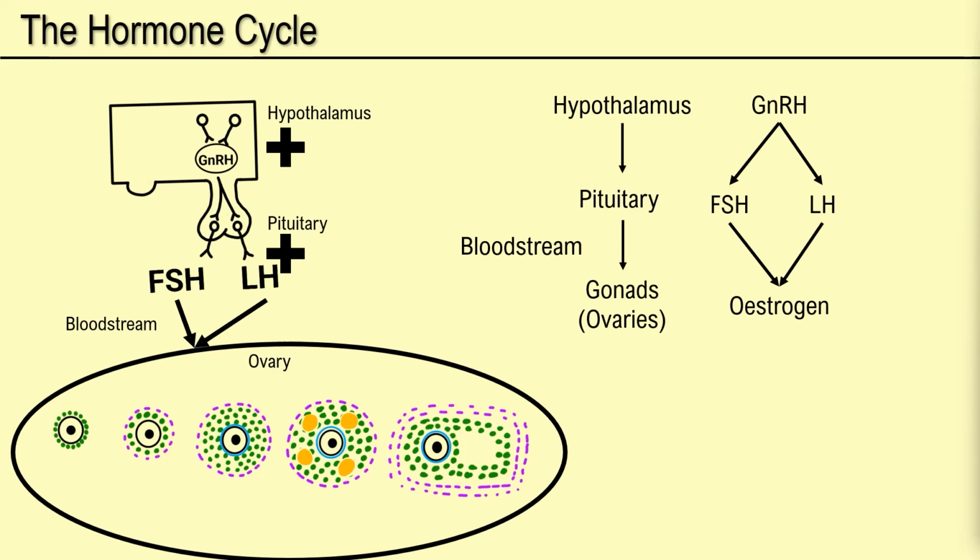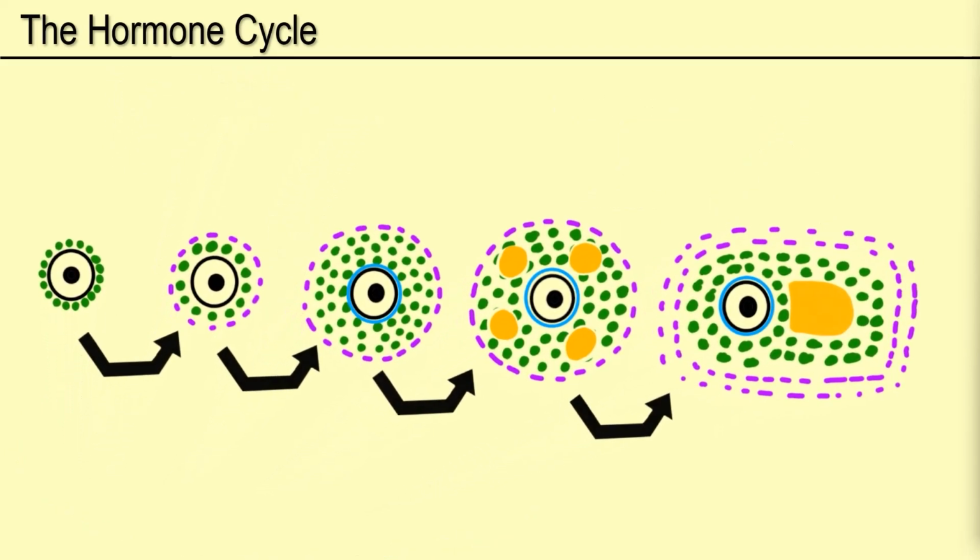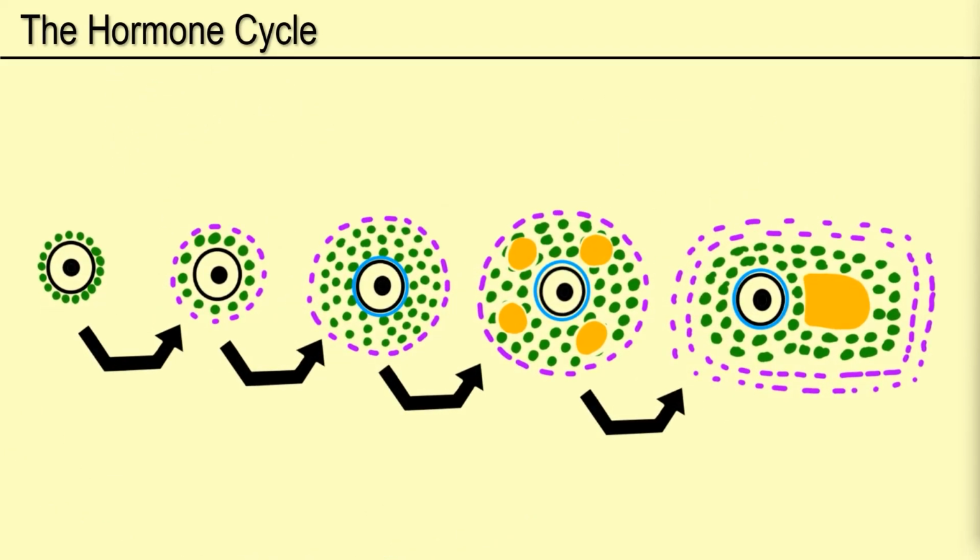However, we need to take a little zoom in before we look at this. Whilst we are still in utero, biological females' primitive ovaries contain stem cells called oogonia. These are diploid cells that contain all 46 chromosomes.